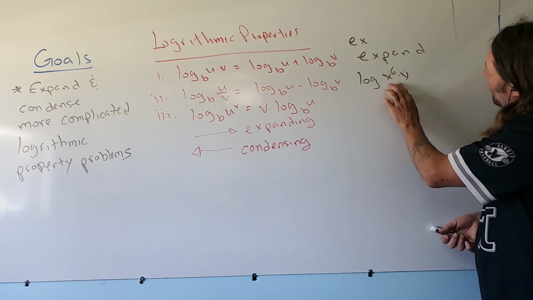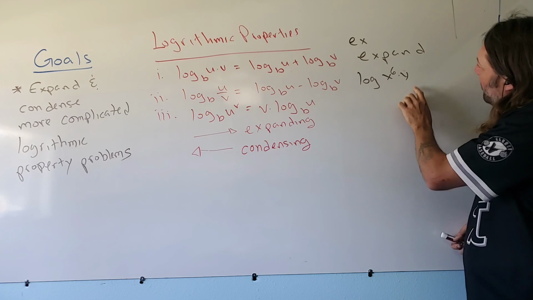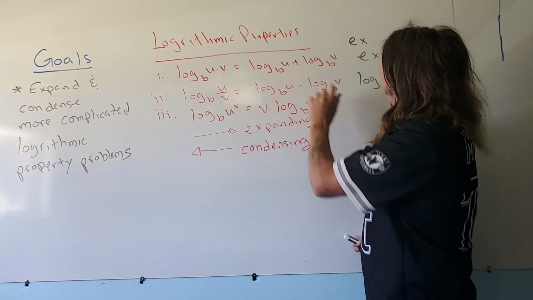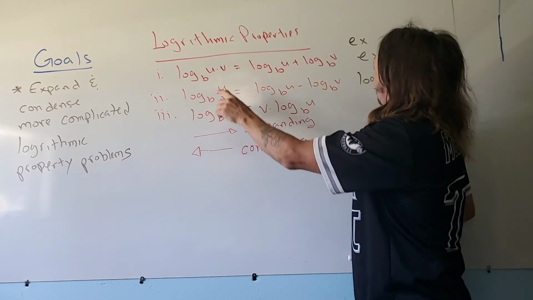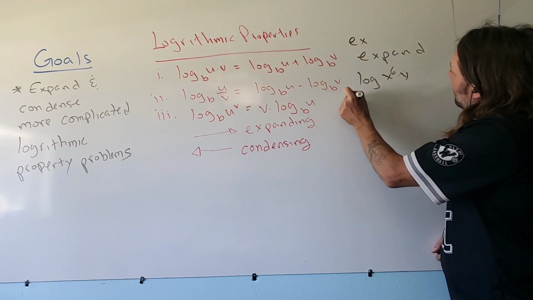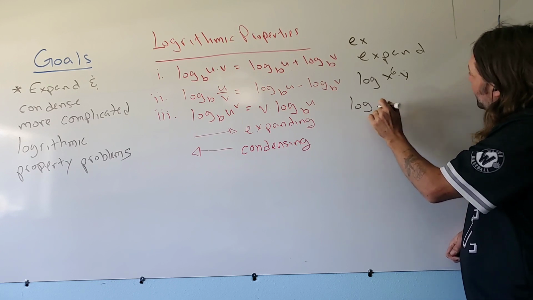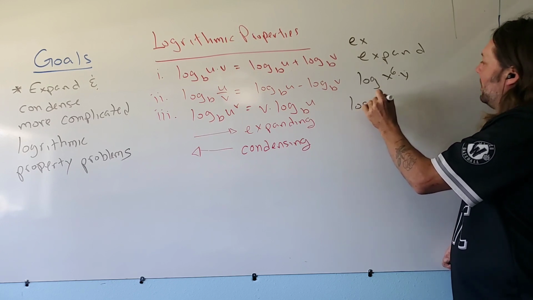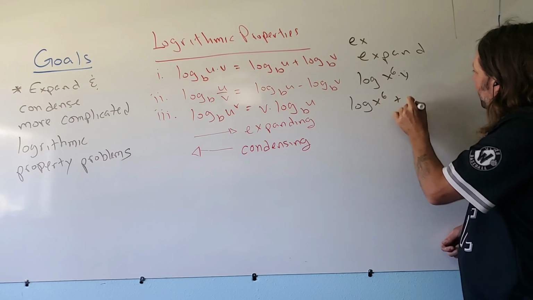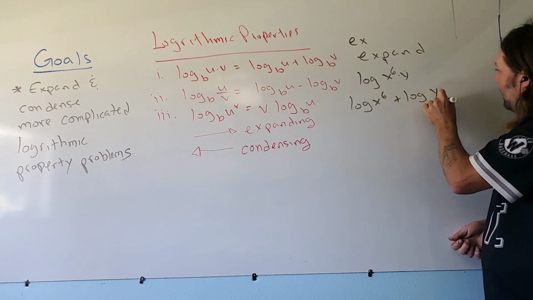Don't mind the exponent because this is still technically a number and it's multiplying another number. So I can expand it using this rule. I will now have log base 10, because I didn't write a base, log base 10 of x to the 6th power plus log base 10 of y.